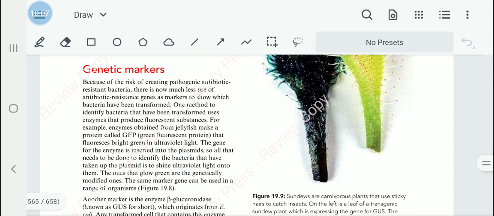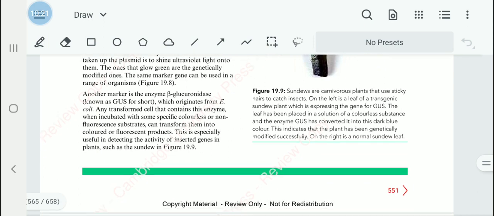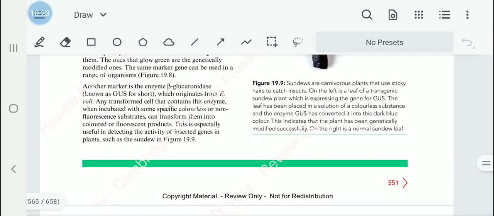The gene for this would be inserted into the plasmid. When we shine an ultraviolet light, we can observe this. We can use this same gene along with all the others as well.